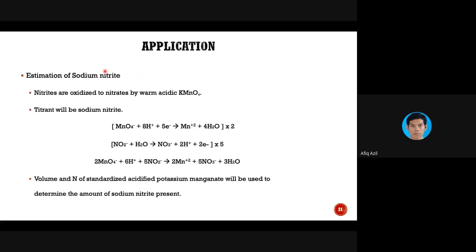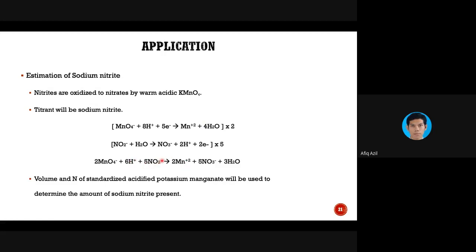So some of the application with the titration of permanganate, you can use it to estimate the concentration of sodium nitrite. So nitrite are oxidized to nitrates by warm acidic potassium permanganate. So this would be the half equation, and this is the full equation in which you have 2 moles of manganate plus 6 moles of hydrogen ion, and also 5 moles of NO2.